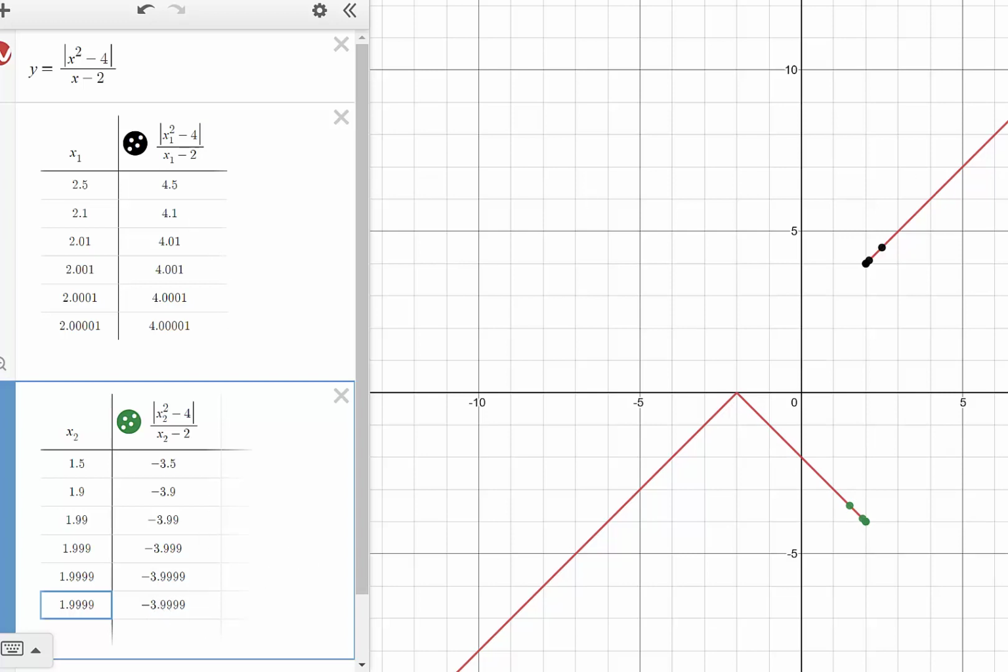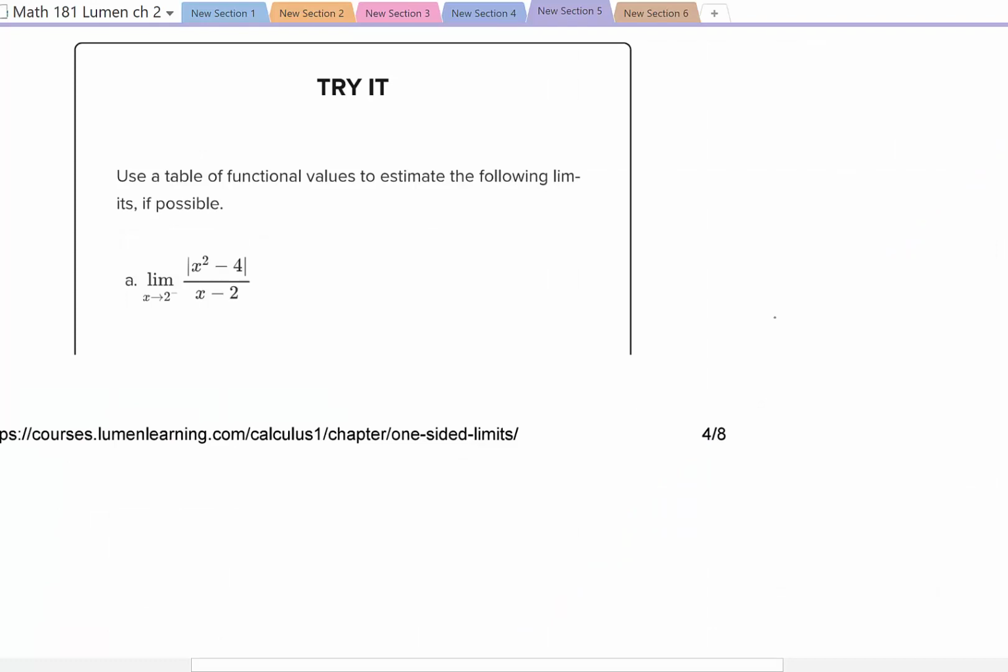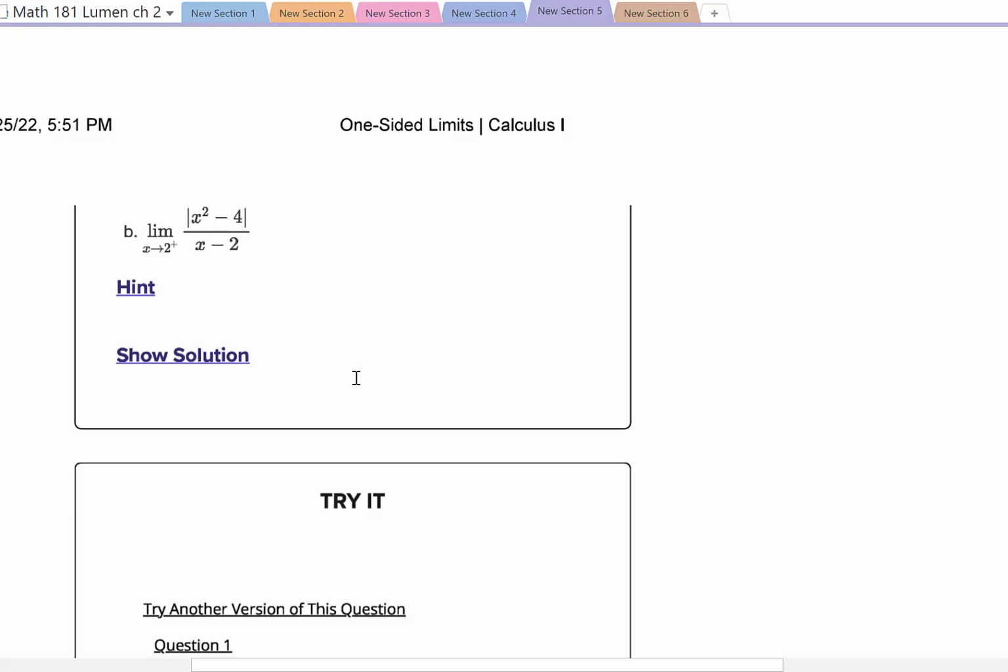But from the right side, it has the limit of +4. And that goes back to the graph that we just did on Desmos.